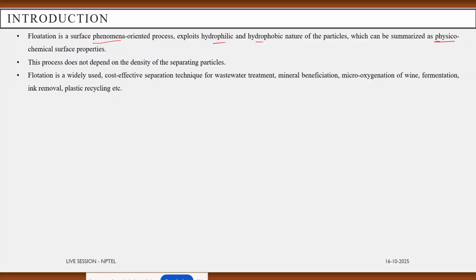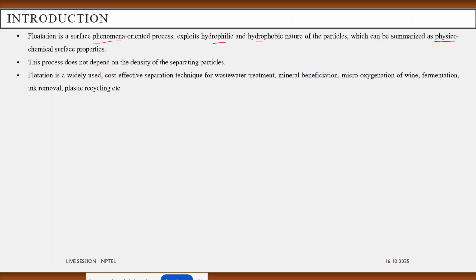So this flotation is widely used and also considered to be a cost-effective separation technique for various applications other than mineral beneficiation, that is wastewater treatment, micro-oxygenation of beverages like wine, any kind of fermentation process, ink removal process, plastic recycling process.